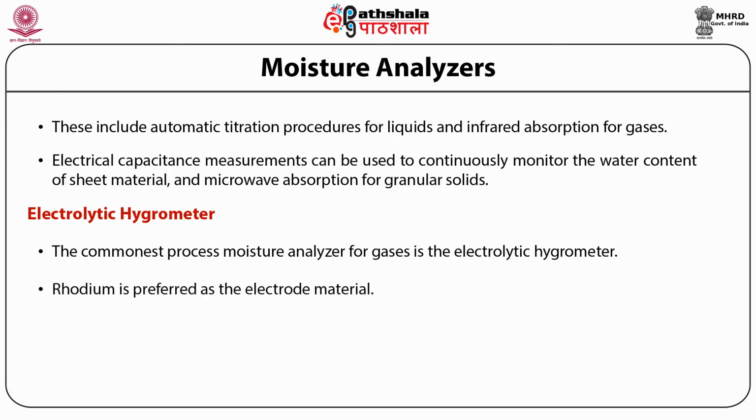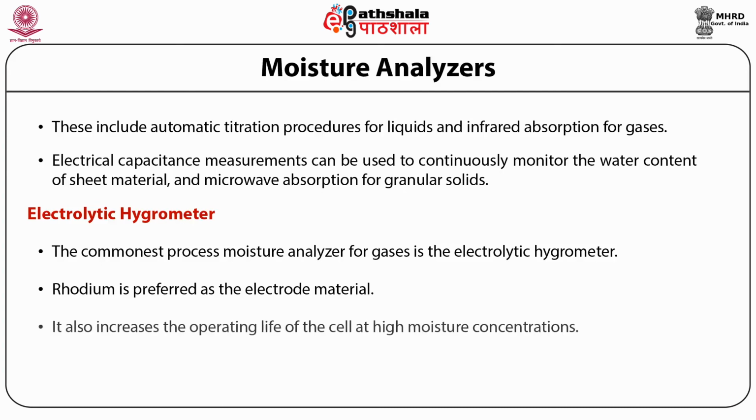Rhodium is preferred as the electrode material because it minimizes the errors that occur due to the recombination of the electrolytically generated oxygen and hydrogen in streams containing high concentrations of hydrogen. It also increases the operating life of the cell at high moisture concentrations.